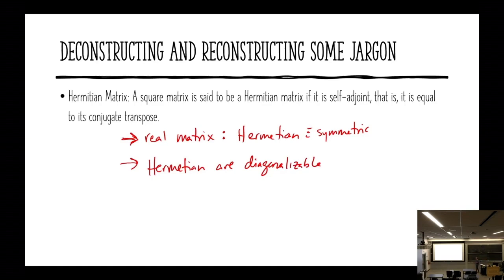Another useful thing about Hermitian matrices is that if I add, subtract, or multiply Hermitian matrices, I'm going to get another Hermitian matrix.